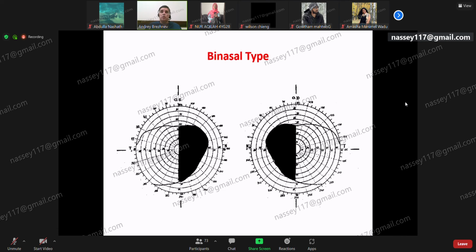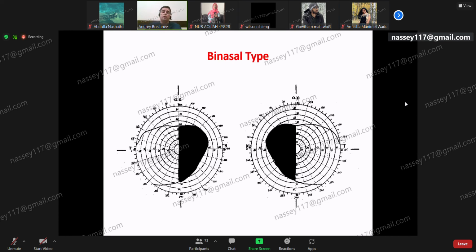Now you can see the heteronymous type of hemianopic defects, and here you see binasal. The patient can't see from the nasal side of every eye, but can see with his peripheral temporal side. If the patient looks with both eyes at the same moment, the so-called binocular vision, he can see the periphery from both sides, but can't see the central part just in front of his eyes.